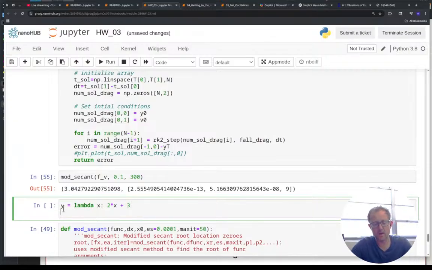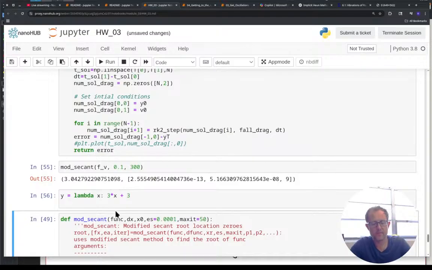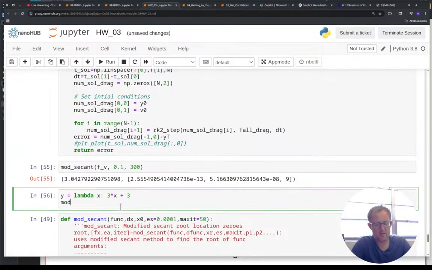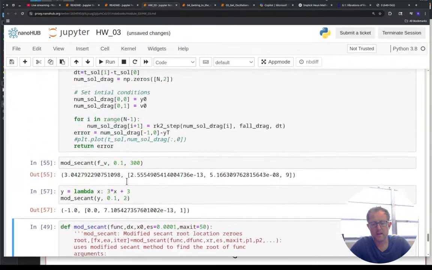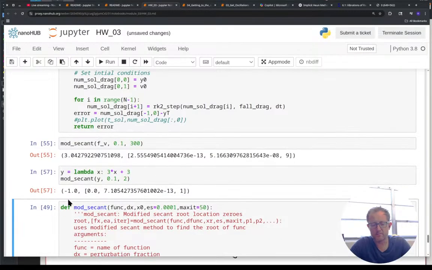So now y is 0, 2x is minus 3. Let's do mod secant of y. We can use any value, so 0.1 and let's say 2. And I end up with -1.5, exactly the answer that I would have gotten, and I got there in 1 iteration.